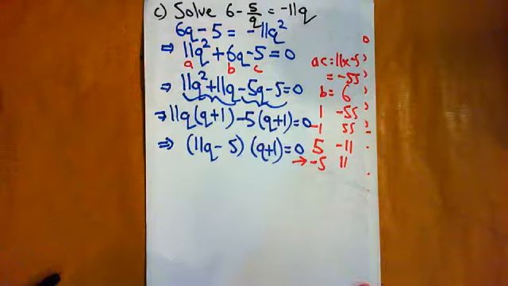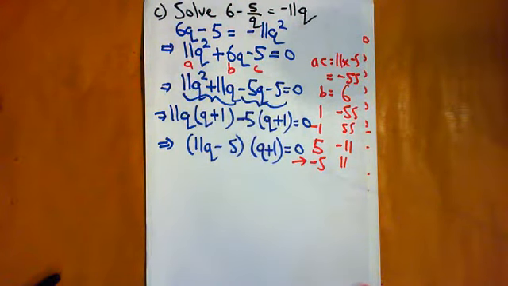Now we're ready to solve it, which means that we want to find the values of q that make it 0. So when we solve a quadratic equation by factorising, we're taking advantage of the fact that if two numbers multiply to 0, that means at least one of them must be 0. If you've got two numbers that are not 0, they will not multiply to 0.